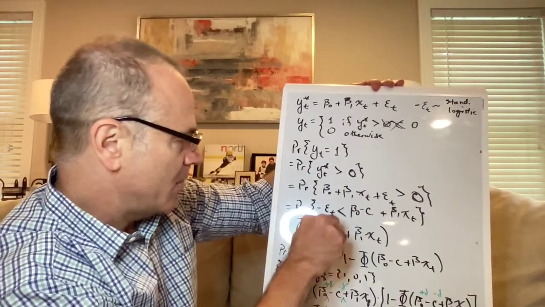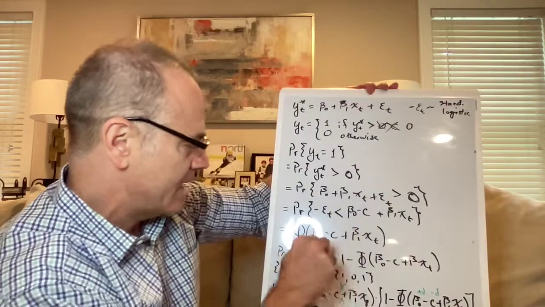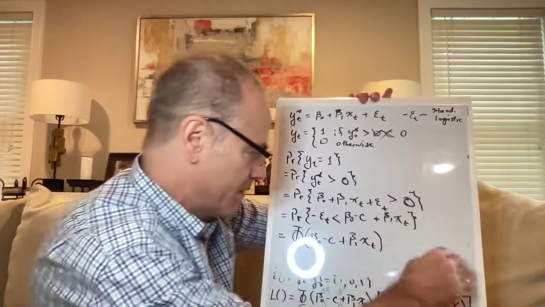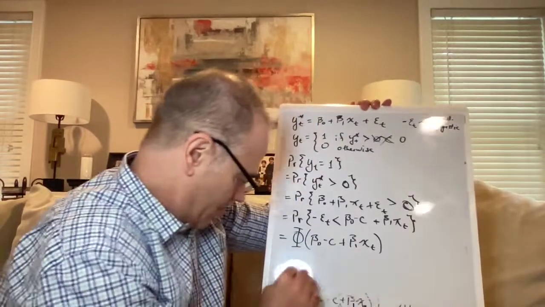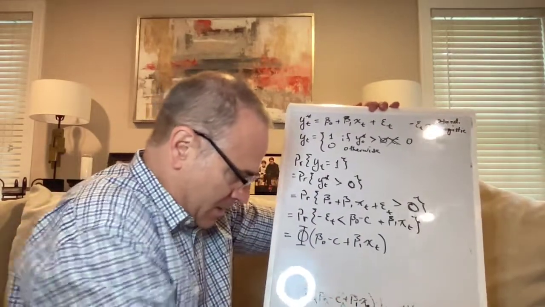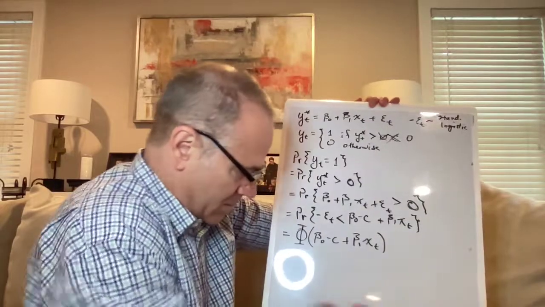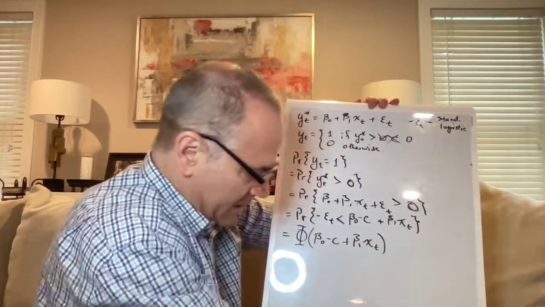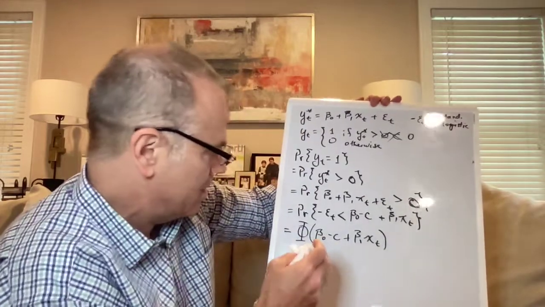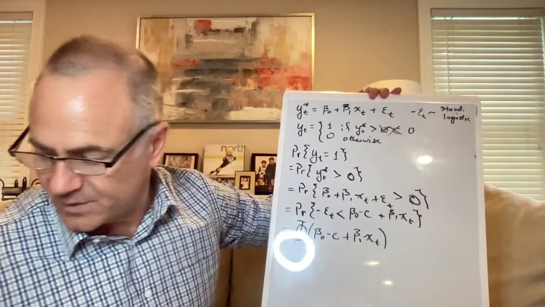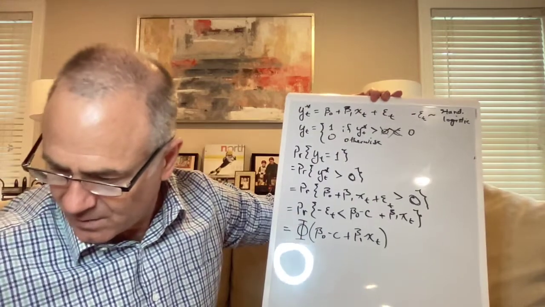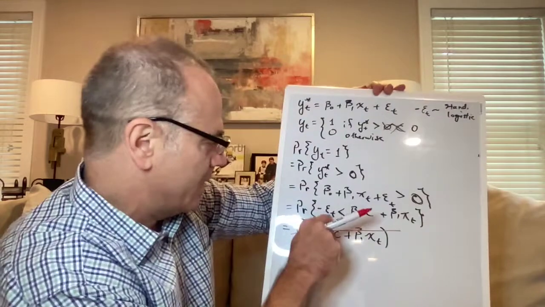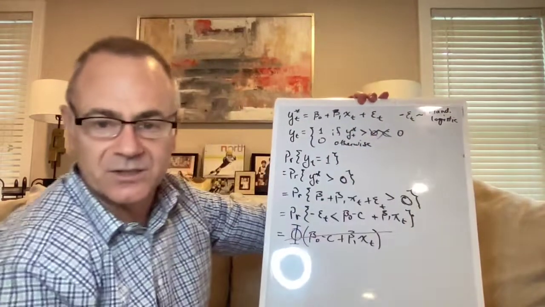Instead, we said the probability that epsilon t is less than that equals phi of that. I'm going to keep the phi for just a second. Instead, I'm going to substitute what it equals when we assume that epsilon t is standard logistic.